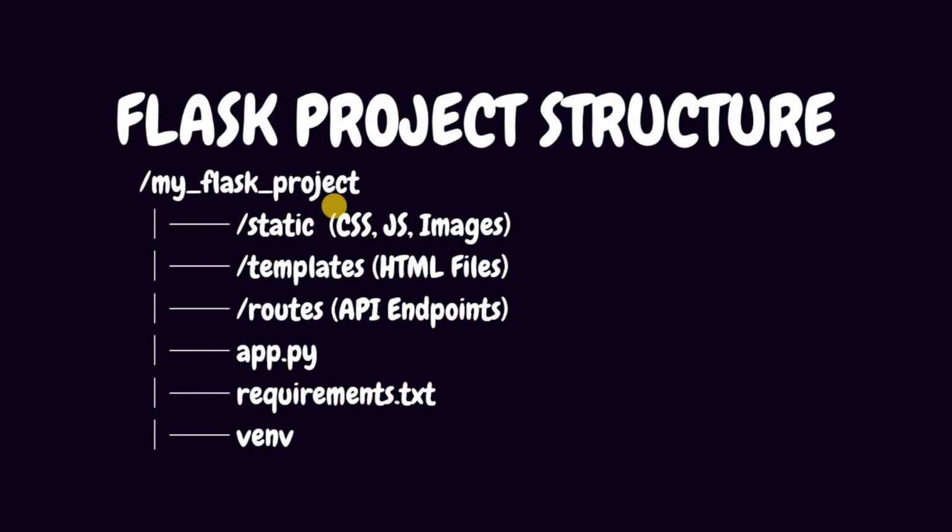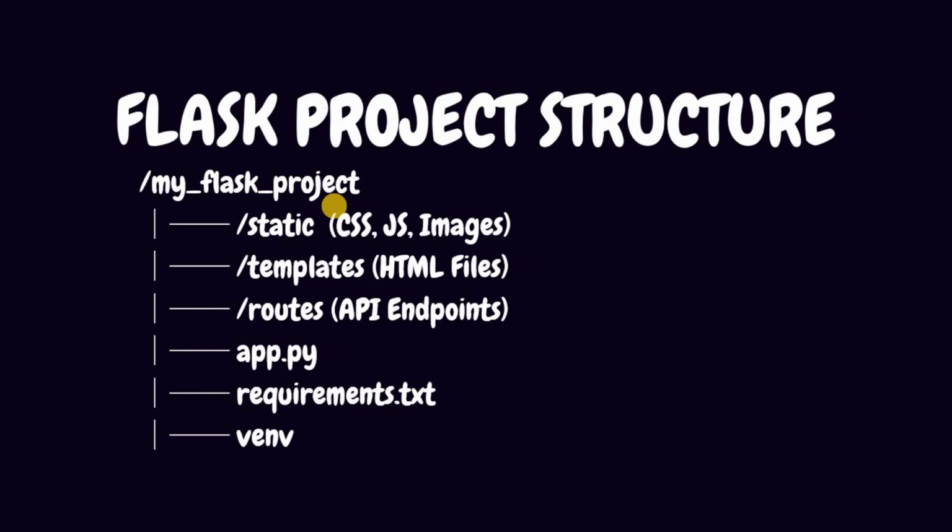This is the main folder for our Flask project. Then we'll have a folder for static. The static folder will contain CSS, JS, and images of our Flask project. Then we'll have templates. The templates folder will take in all the HTML files that will be rendered on our application.